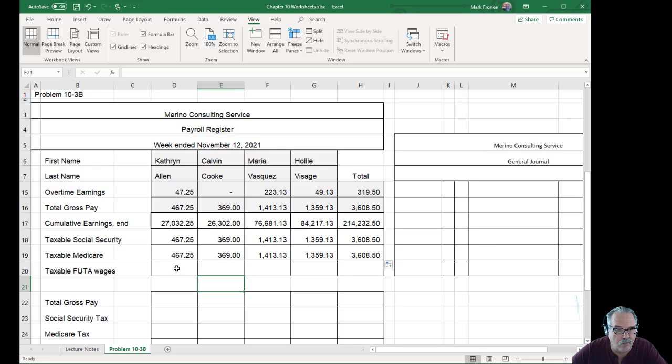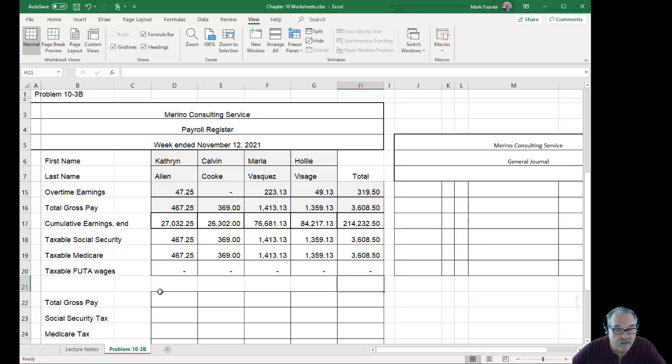And because the wage base for FUTA, every one of these employees is over that amount, there is no FUTA wages. But if they were underneath it, and I'll just put zeros all the way across here, there's no FUTA wages, which is federal unemployment tax.